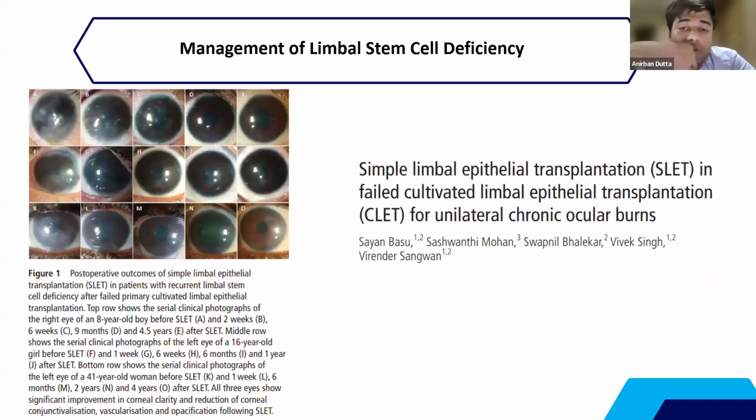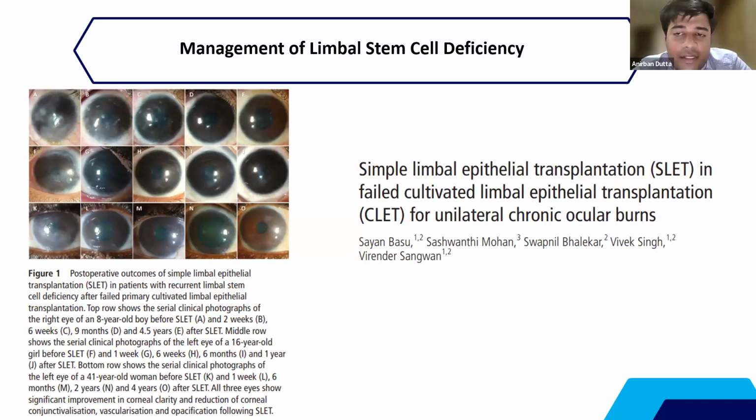The reason why I am harping on about simple limbal epithelial transplantation is because this procedure is very simple, cost effective and easy to do. Previous to the introduction of SLET into common parlance, there were multiple other limbal procedures like cultivated limbal epithelial transplantation or conjunctival limbal autograft.